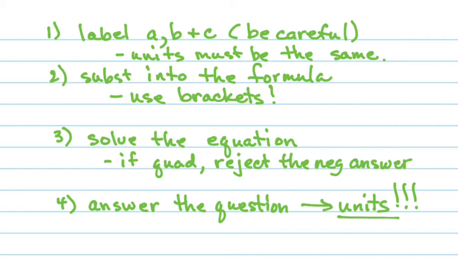Now, I have two huge pet peeves about the way this is taught in New Zealand and the way the book does it, and the way you probably learned it. My first one is converting the units back and forth.